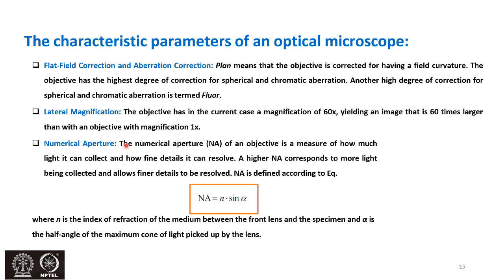Then we have the numerical aperture, as I already told, which depends upon the refractive index and the angle. This angle is the half angle of the maximum cone of light accepted by the lens.